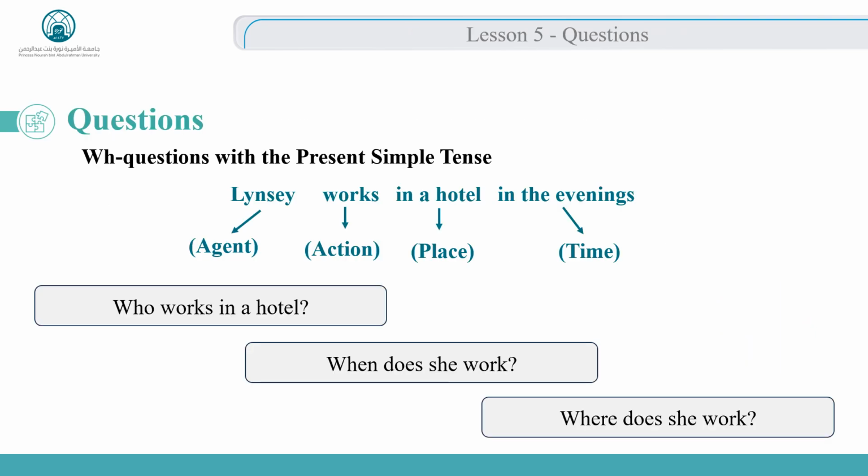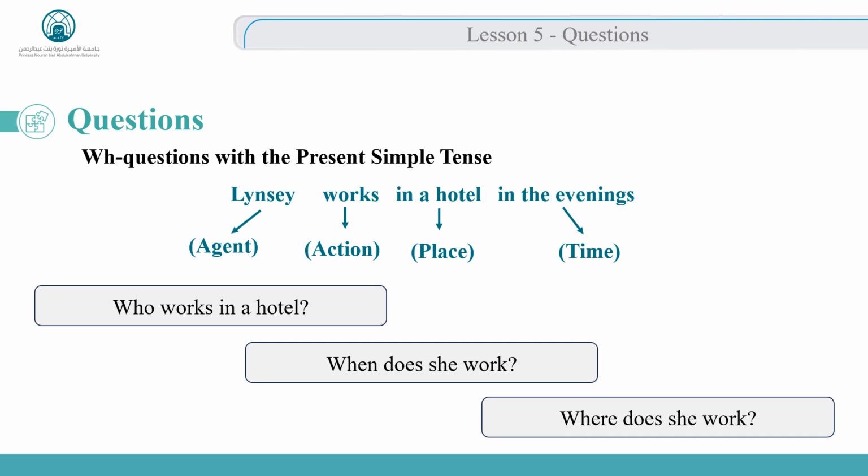To understand WH questions with the present simple tense, let's look at this sentence: Lindsay works in a hotel in the evenings. What information does this sentence give us? The sentence gives us information about the agent, the person who performs the action, Lindsay.